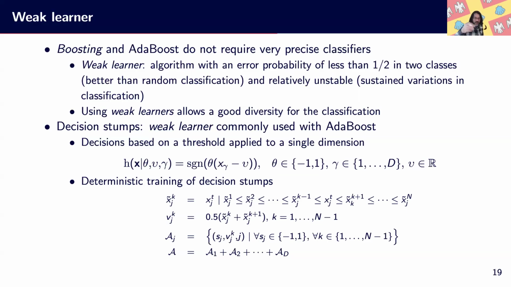And then we have the big set A that is just unifying everything. And then from that, we have an enumeration of all thresholds, variable index, and sign, greater or less. And we just look at the configuration, in all the triplets, that is minimizing the error on the training set.